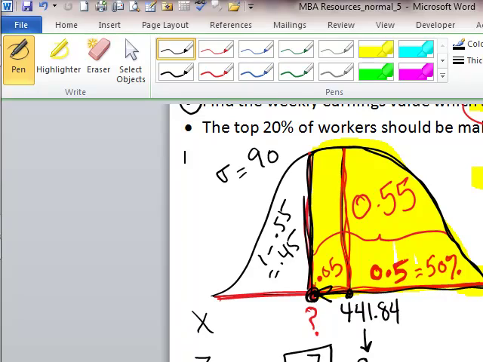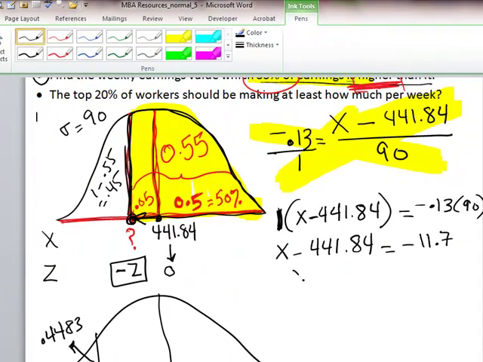So I will keep the x on one side and take everything else to the right side. The negative 441.84 taken to the right side will change its sign and will become positive.